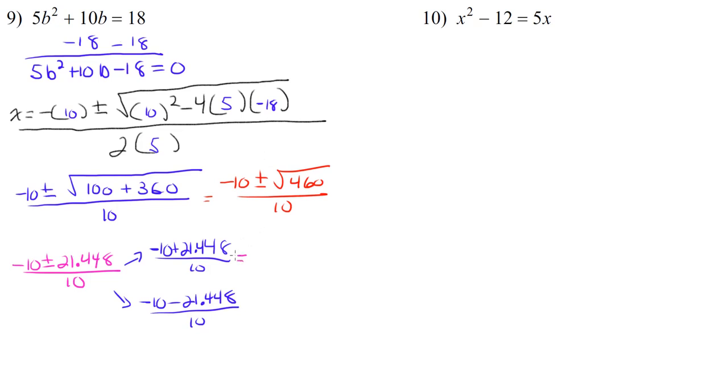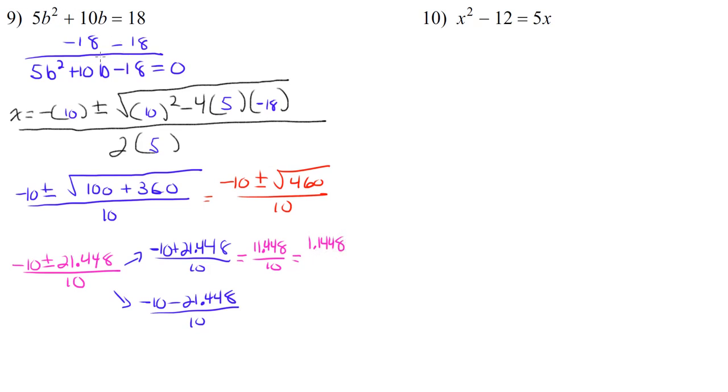We work this out. Negative 10 plus 21.448 is 11.448, and 11.448 divided by 10 is going to be 1.1448.